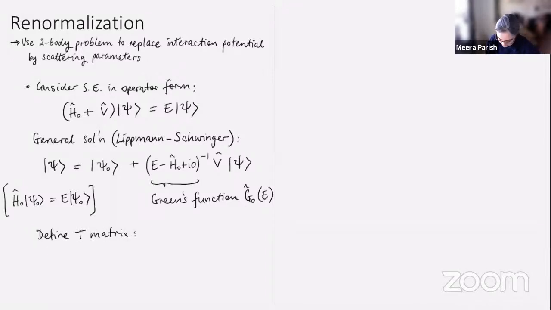It's defined as the operator that only acts on the original unscattered part here. Initially I had something that involves the solution itself. Now I define a T matrix, which contains everything, and acts on this original unscattered part, the free propagating plane wave. So therefore, I have this finally.